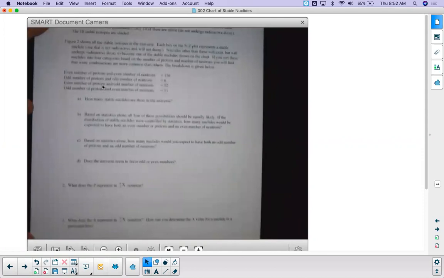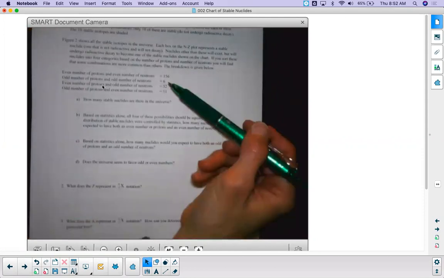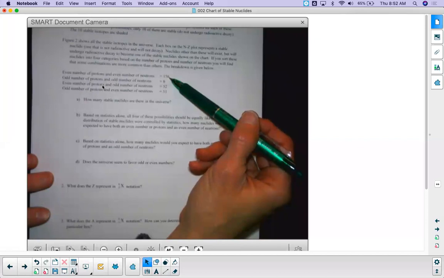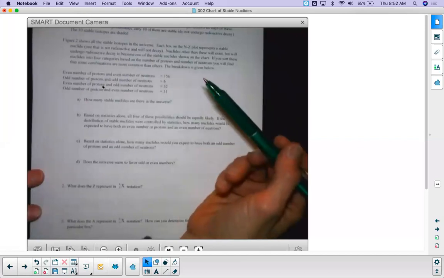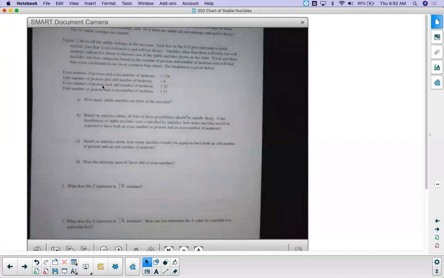All right. If you were to start counting these, you would find that there are 156 of these that have an even number of protons and an even number of neutrons. The world likes even numbers. There are 6 of these that have an odd number of protons and neutrons. And there's about 50-ish or so that have the even-odd combination.